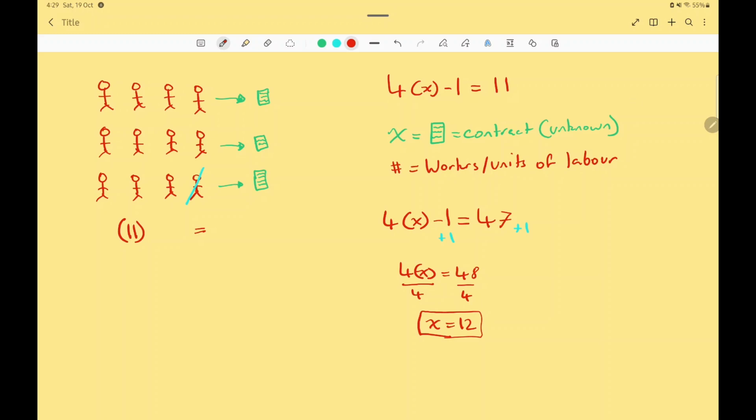And from a business perspective, say this is marketing, this is HR, and this is strategy or upper management.